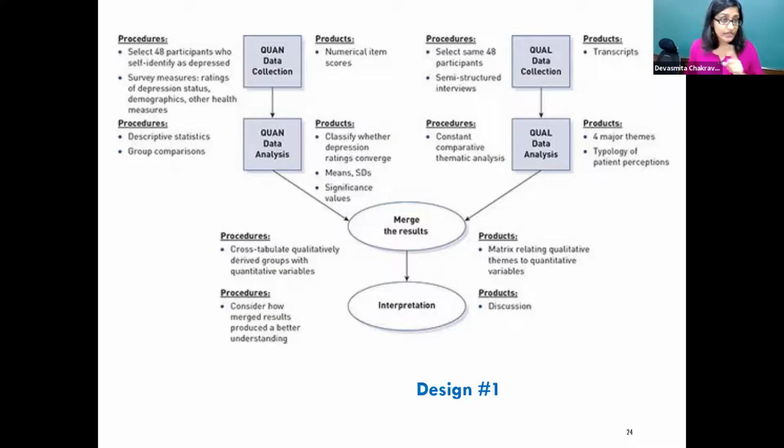Again, this is a good way to remember. Anytime you do something independently, it's a rectangular or square box. Anytime the mixing is happening, it's an oval. It's just a notation for us to remember and to quickly see where the mixing is happening.